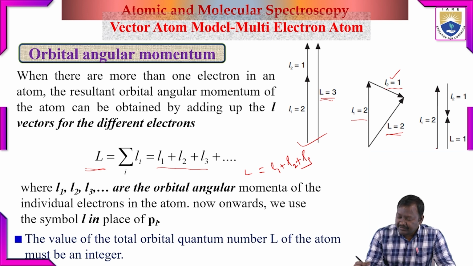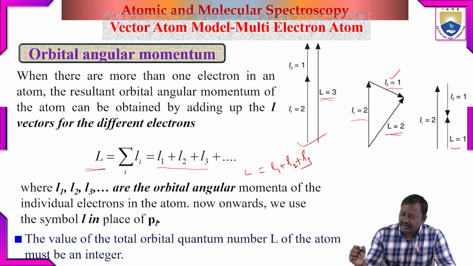Again, if the orientation is such that the second vector is anti-parallel to the first vector, for the same vectors L1 equal to 2 and L2 equal to 1, then after vectorial addition, the resultant orbital angular momentum we get is 1.